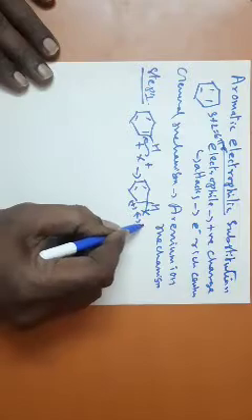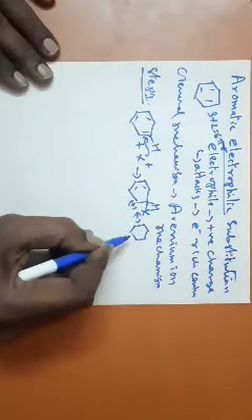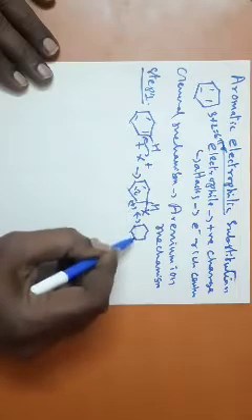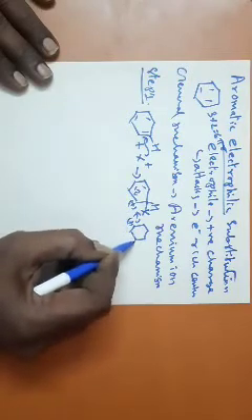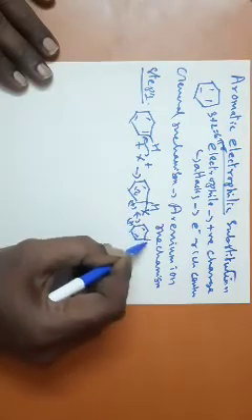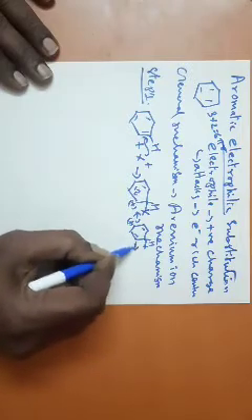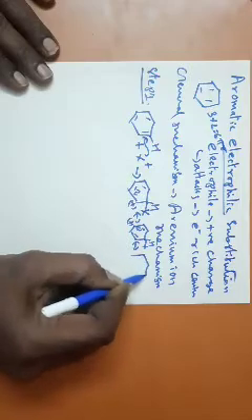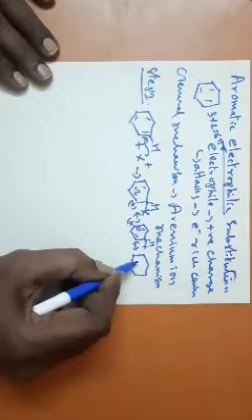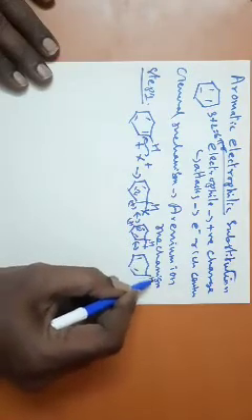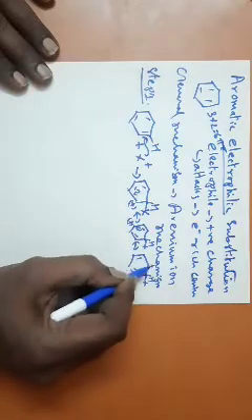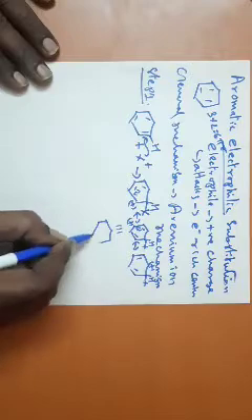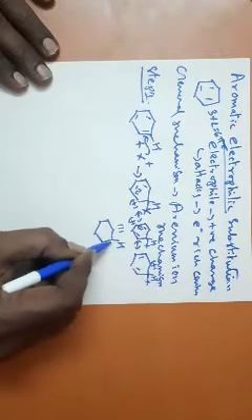It is delocalized. The positive charge is delocalized, so we are able to draw a resonance structure. This carbon-carbon double bond can also be delocalized, so we can draw one more resonance structure. And the resonance hybrid is this one.